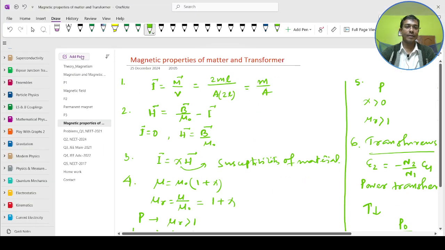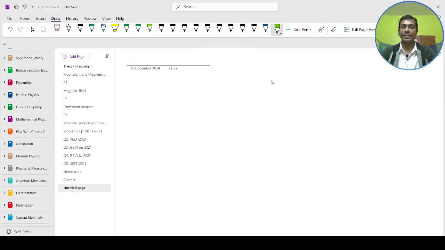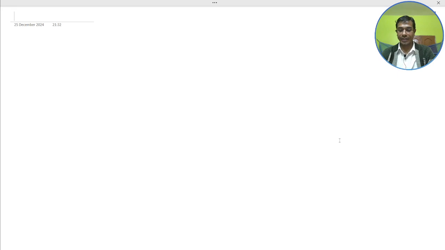Our main fundamental case is the comparison of electrostatics and magnetostatics. For doing this, we compare the two systems.